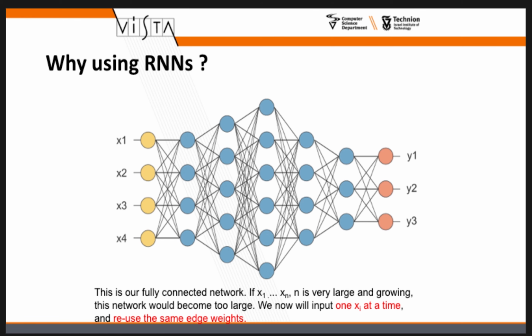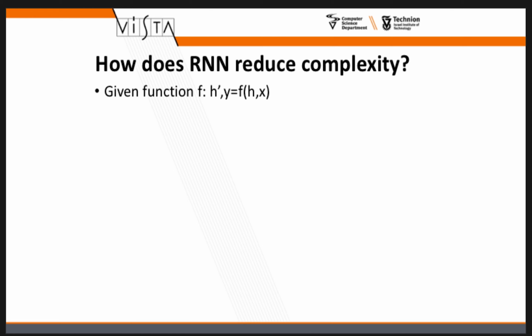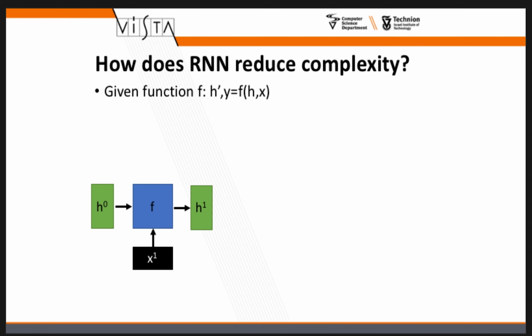Okay, so in the opposite, how does an RNN work? We are given a function. This is our function f. We have x1 as input, and we have the hidden layer, hidden 0, hidden 1, and here we have the output.